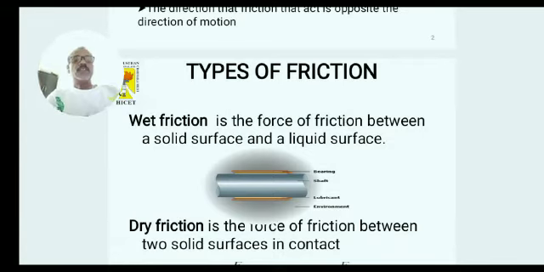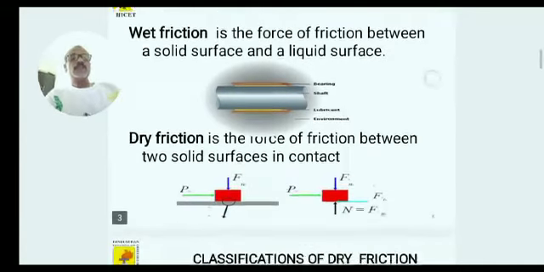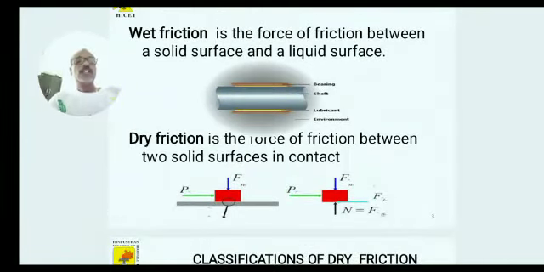Dry friction is the force of friction between two solid surfaces in contact. See this diagram: when the force P is applied on the object, the total weight acts vertically downward. Here the block is mounted on the rough surface, so automatically a frictional force is naturally induced opposite to the direction of motion.